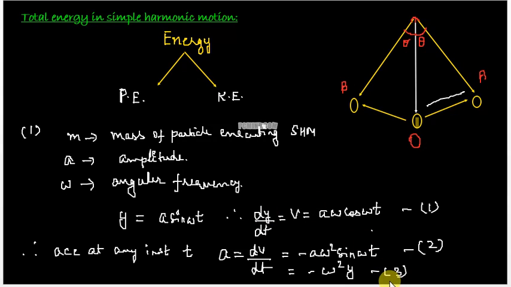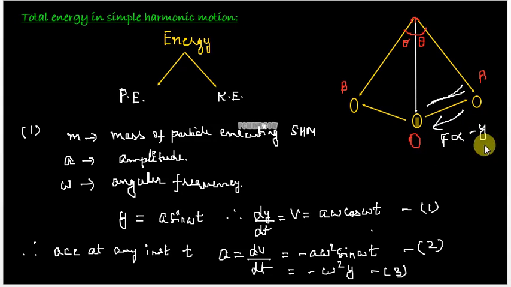Now, we come to the calculation of the potential energy, because when you stretch something, or in the case of a simple pendulum when it goes to this side, there is a restoring force acting in the string which pulls it back. That restoring force is always proportional to the displacement y, with a negative sign because it is directed opposite to the displacement.